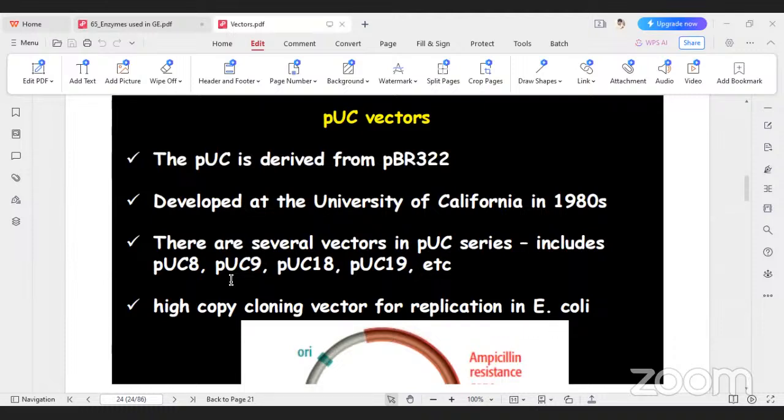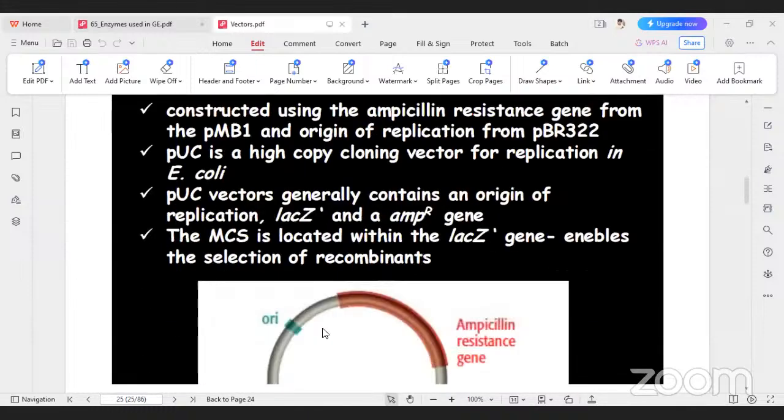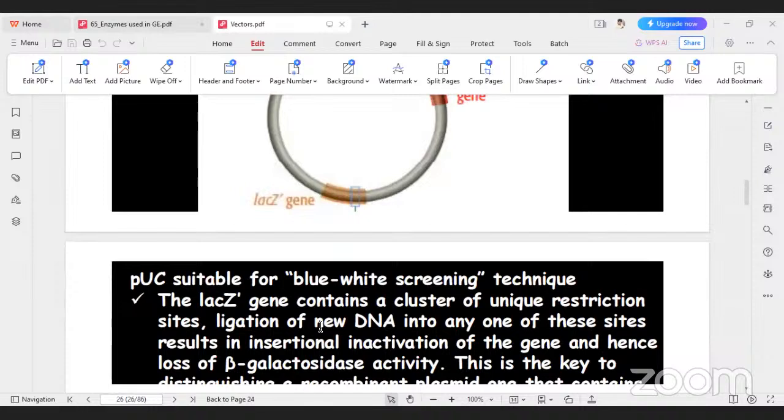Almost the same characters are in pUC vectors, also derived from pBR322, developed at the University of California in 1980. There are several vectors; the pUC series includes pUC8, 9, 18, 19, and so on. They are high copy cloning vectors for replicating in E. coli, like the natural one. The pUC is suitable for the blue-white screening technique.